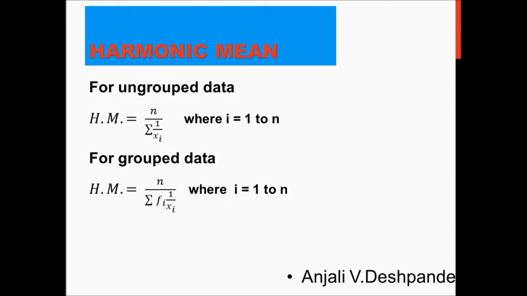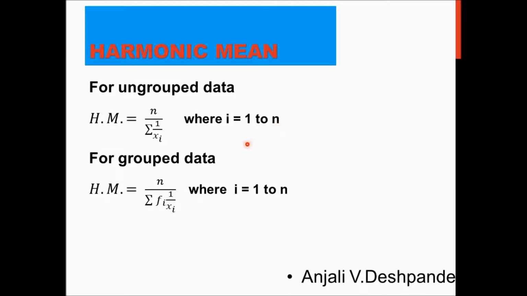In the case of ungrouped data, the harmonic mean is defined as the reciprocal of the arithmetic mean of the reciprocals of the individual observations. So this is n divided by the summation of 1 upon xi, where i goes from 1 to n. That means i is taking values from 1 to n.